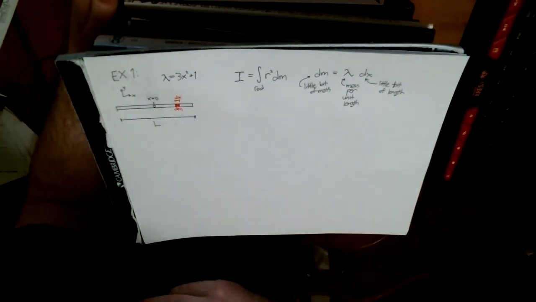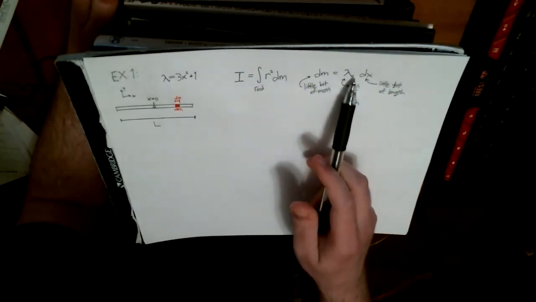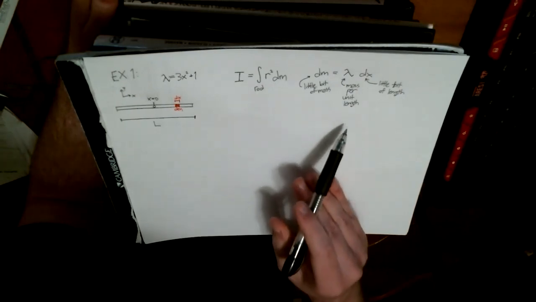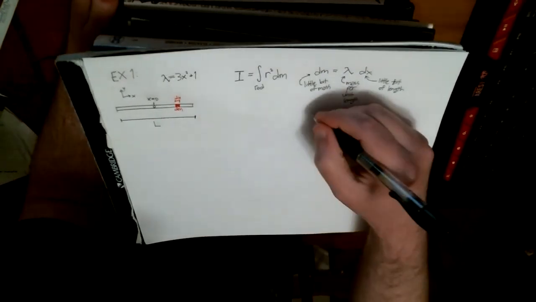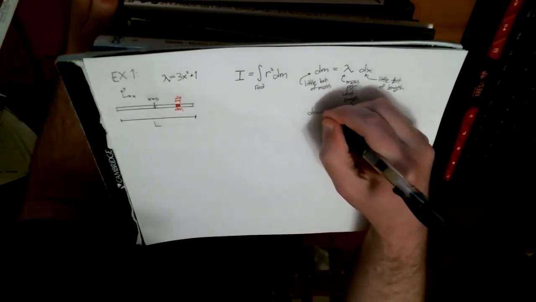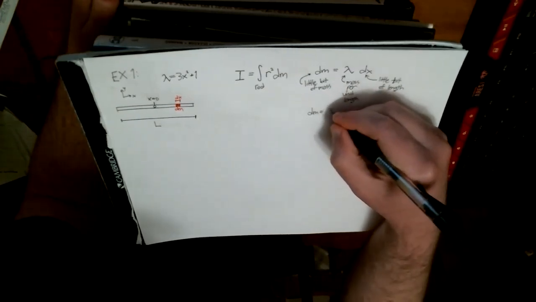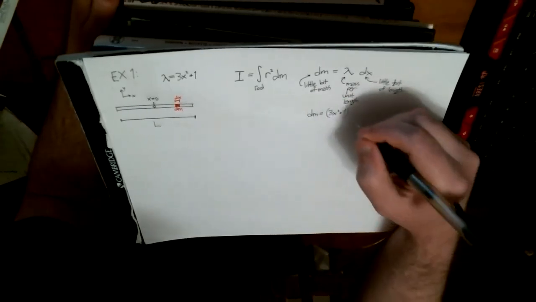If the rod were uniformly distributed, the density function would just be the total mass of the rod divided by the total length. In our case, however, the rod is not uniformly distributed, but we have an explicit function for how the mass varies with the length. We know the mass density per unit length is 3x squared plus 1.